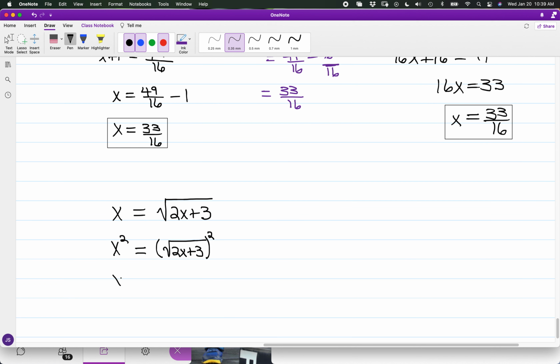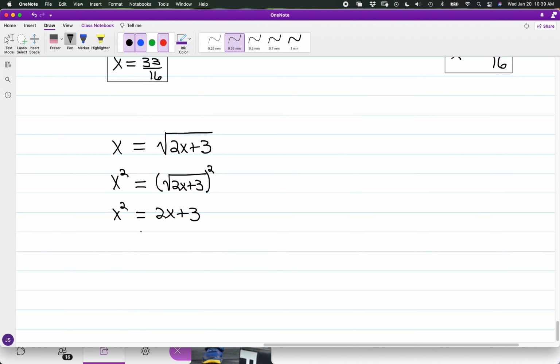And squaring both sides, we have x squared is equal to 2x plus 3. So here I have a quadratic equation. If I put this in standard form, just take away the 2x and the 3.